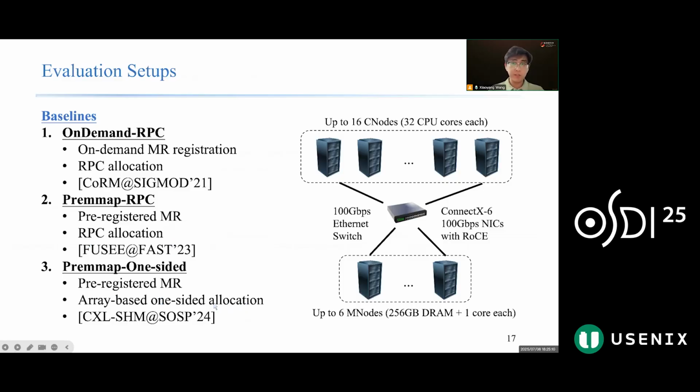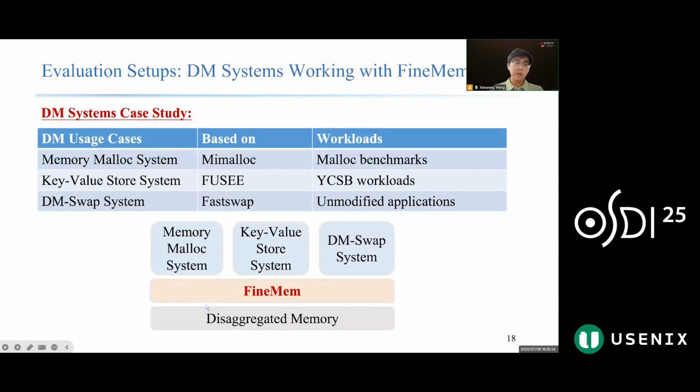Both of these baselines come from related works. And we have integrated FineMem with 3 types of DM systems: a user space malloc system, a DRAM-based key-value store system, and a DRAM swap system. These systems use FineMem's malloc and free functions to manage remote memory.